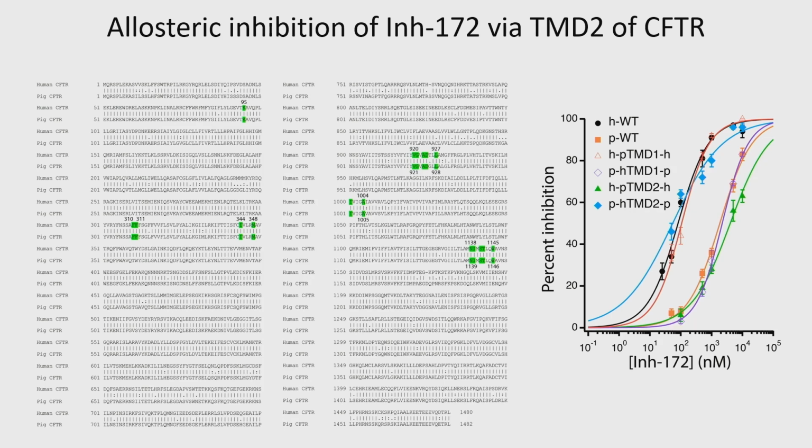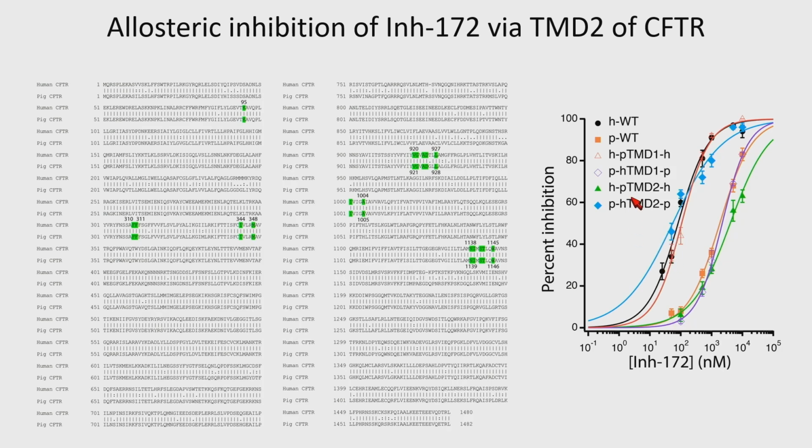Interestingly, if we put the transmembrane domain 2 of human into the pig CFTR, the sensitivity of the chimera channel becomes very similar to that of human CFTR. If you look at the blue curve and the black curve.